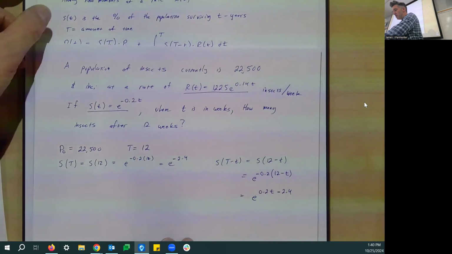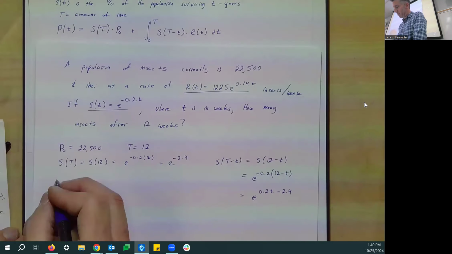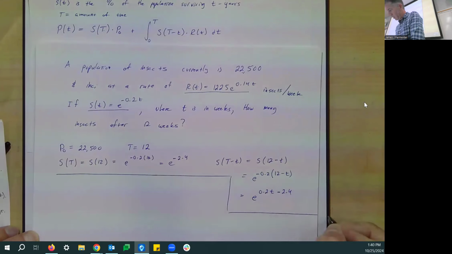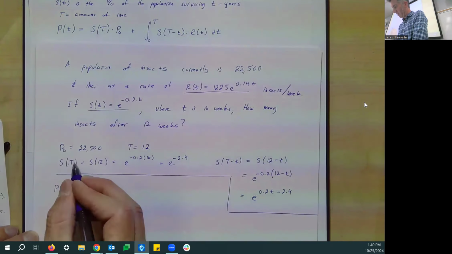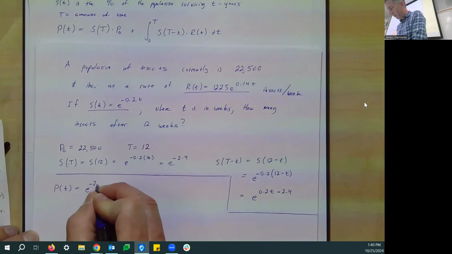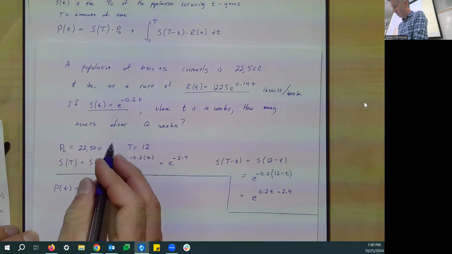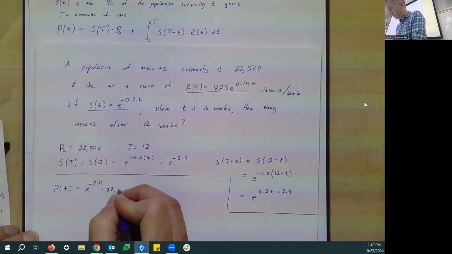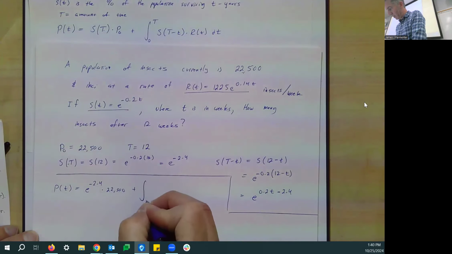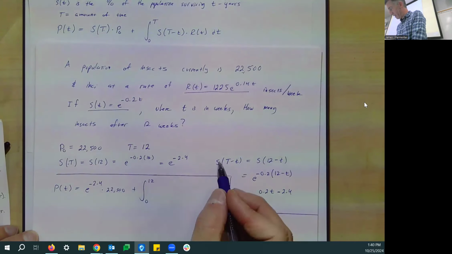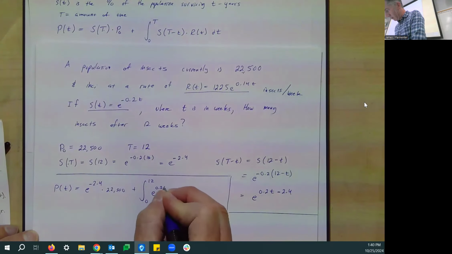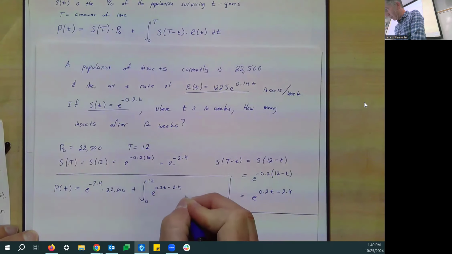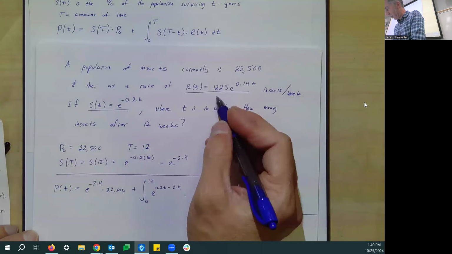Let's jam them into this formula. So we have that P of t equals S of T, which is e to the negative 2.4, times P naught, which is 22,500, plus the integral from 0 to 12 of S of 12 minus t, which is this thing here, e to the 0.2 t minus 2.4, times R of t, which is this expression here.